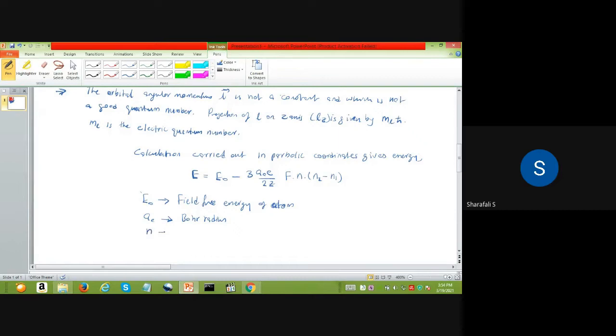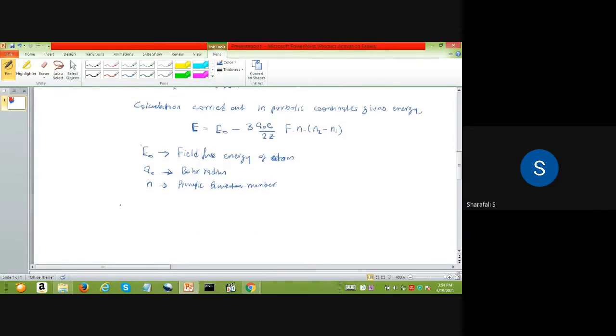Then we have n, which is the principal quantum number, or energy quantum number, or total quantum number.